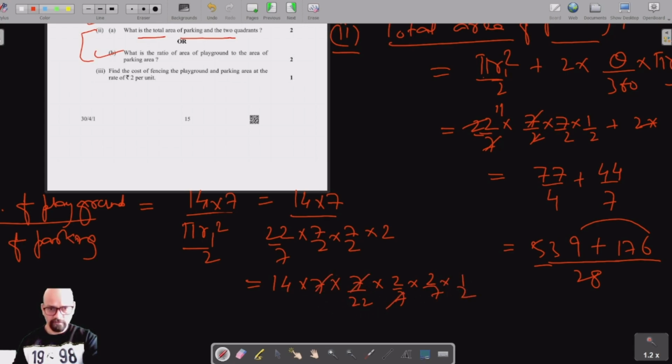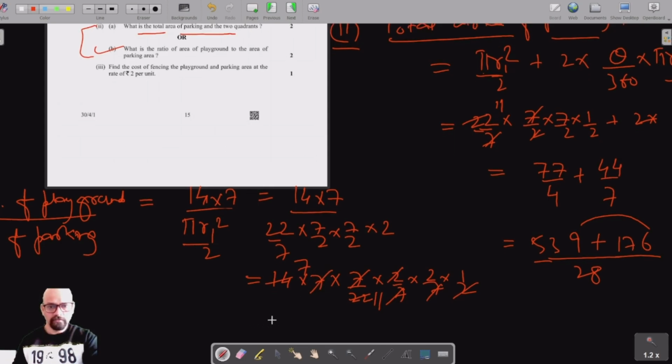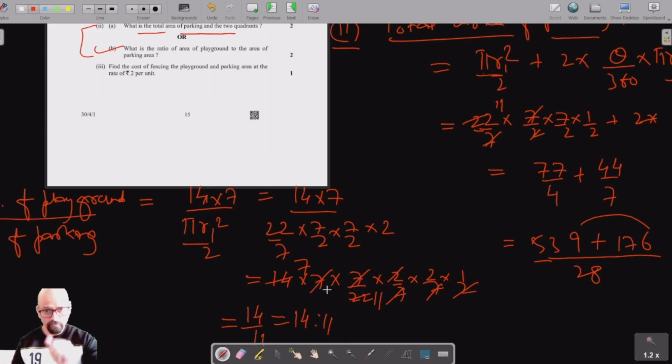This gets cancelled. 7 and 7 gets cancelled. This is 2, 11, and 2, 7, which is equal to 14 by 11. So the ratio is 14 is to 11. The parking area ratio is 14 is to 11, and let me just check it once again.